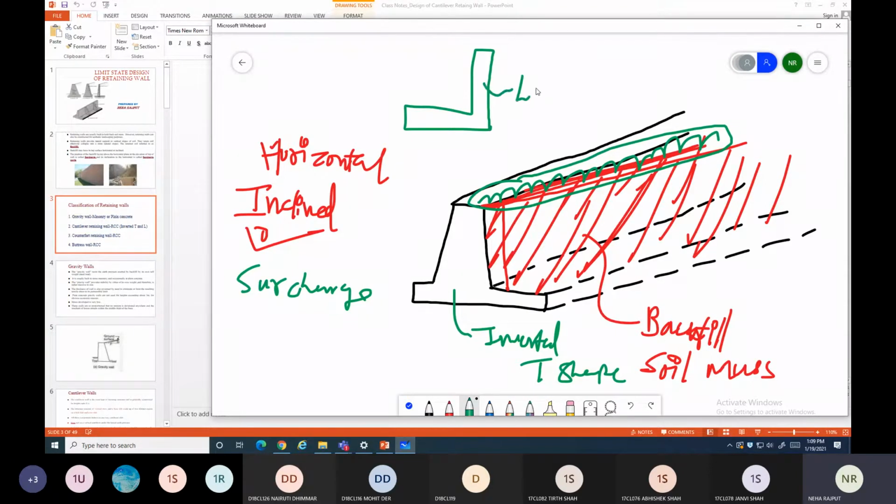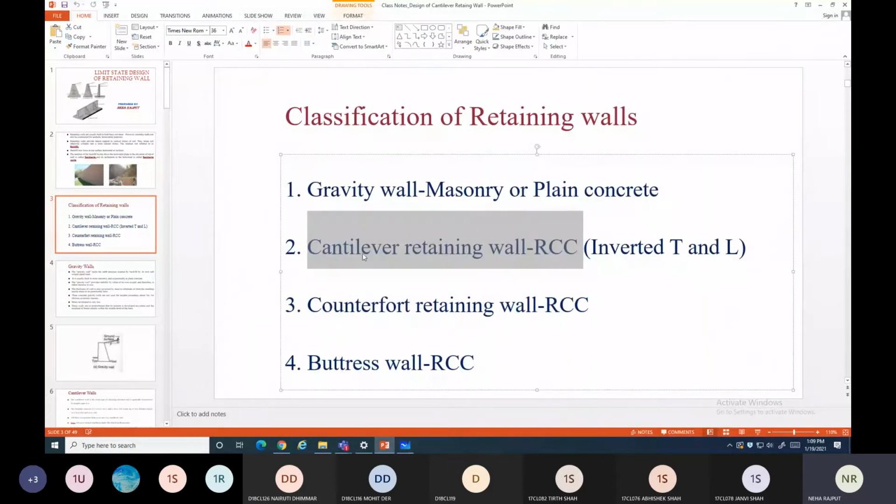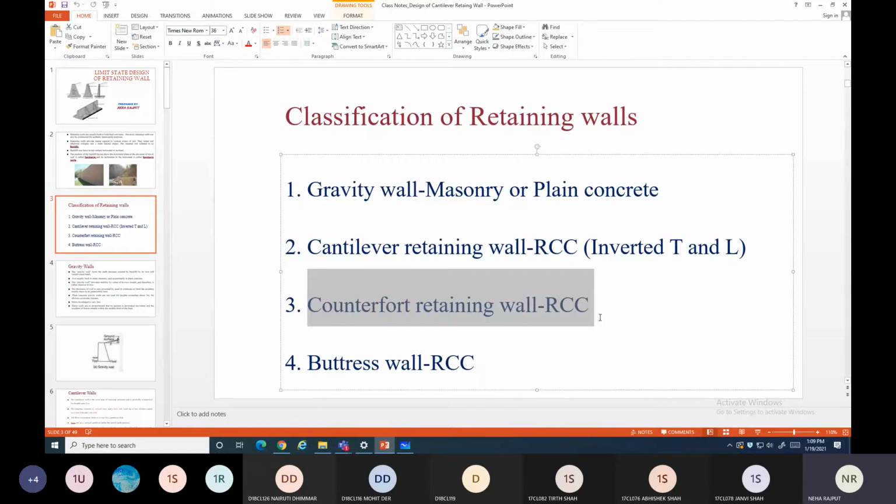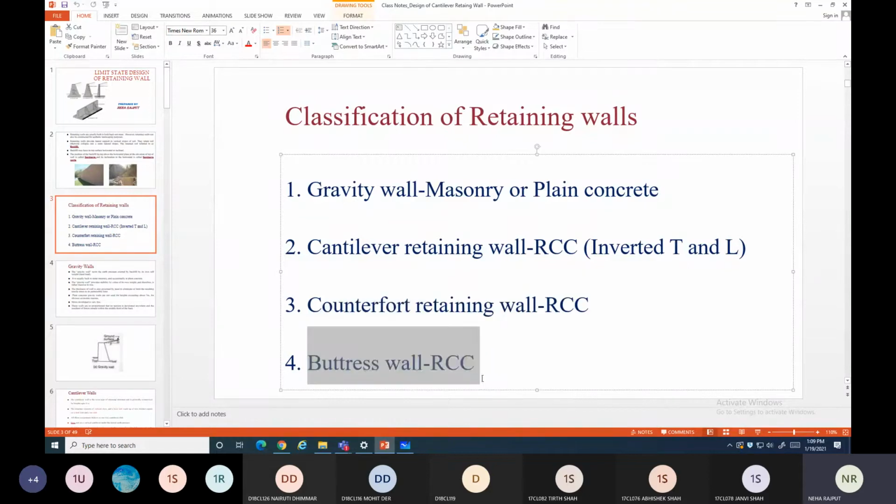So this is called the L shape retaining wall. Depending on the designer's requirement, one can design the T shape or L shape. Then the counterfort retaining wall, and the fourth one is the buttress retaining wall.